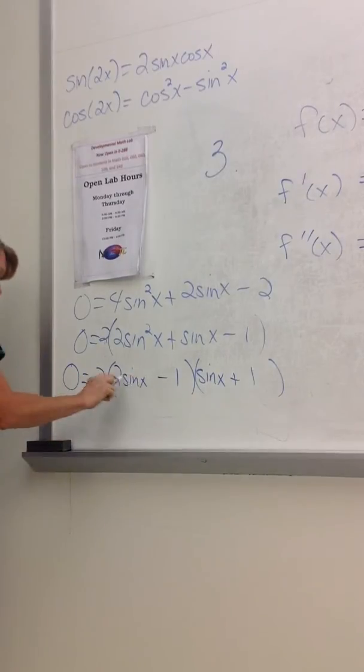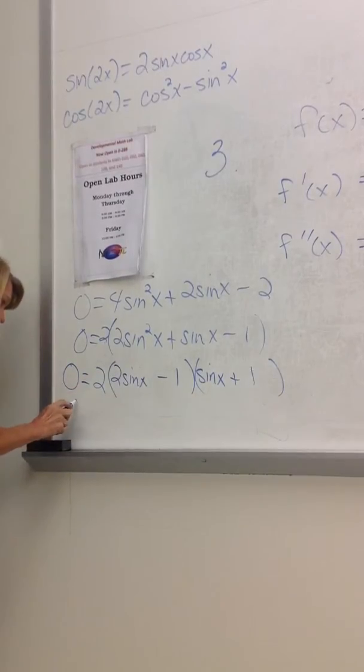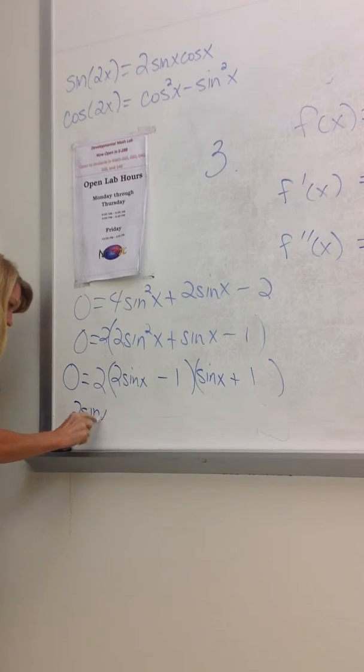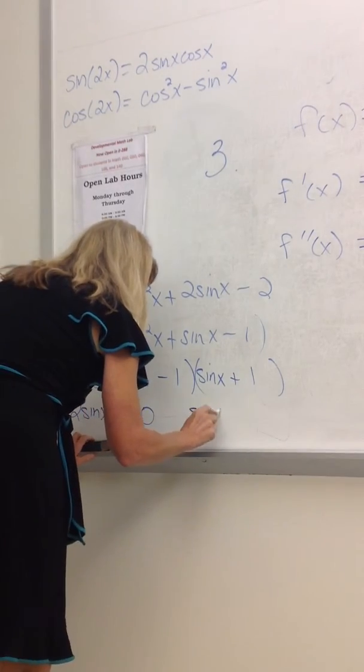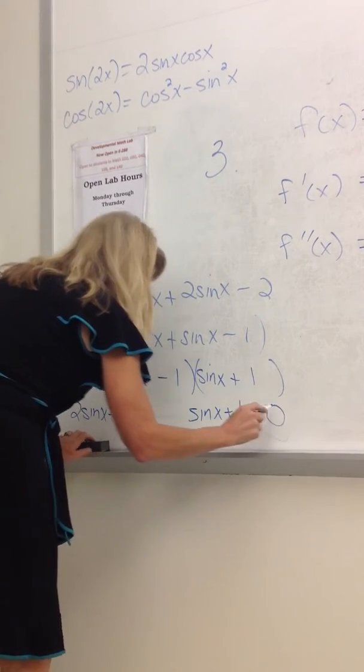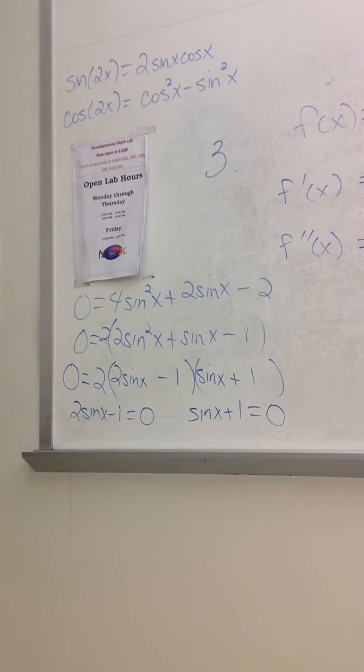Now if we look at these factors, 2 sine of x minus 1 equals 0, or sine of x plus 1 equals 0. I'm running out of room on the board.